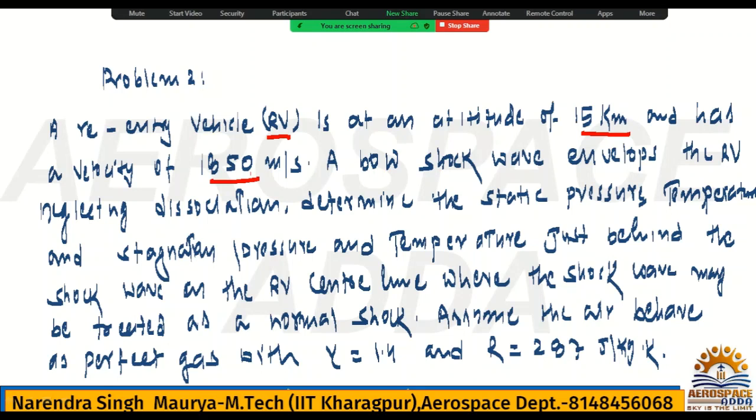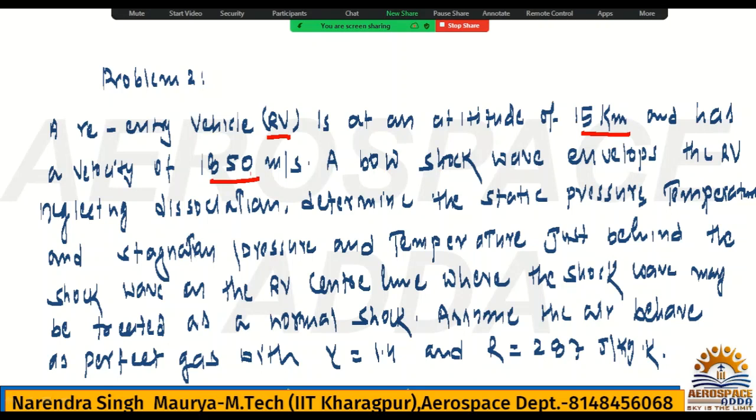A shock wave envelops the re-entry vehicle. Neglecting dissociation means the medium, which is air, will not change its properties. With very high pressure, temperature and velocity the properties would change, but here Cp and Cv are all constant. That's the meaning of it.